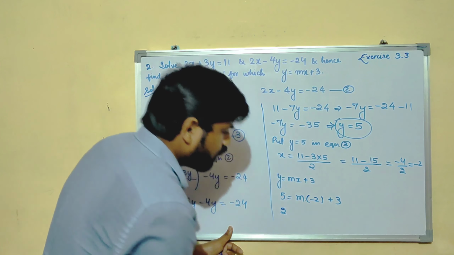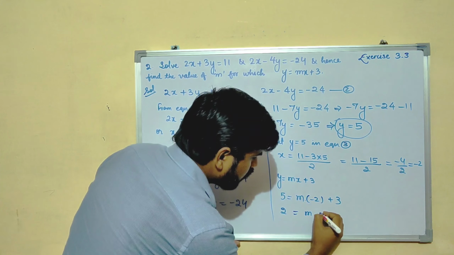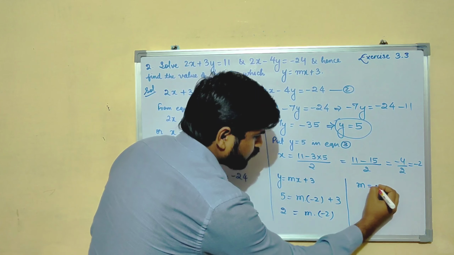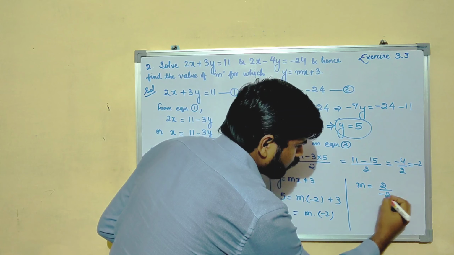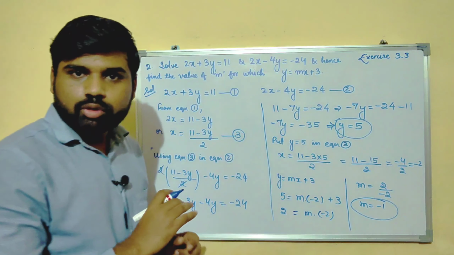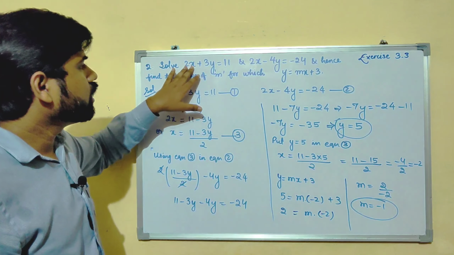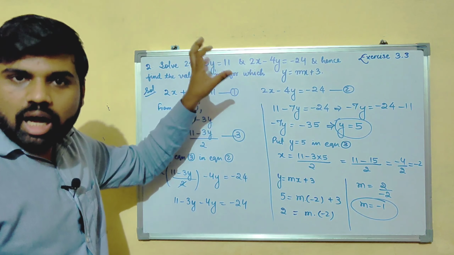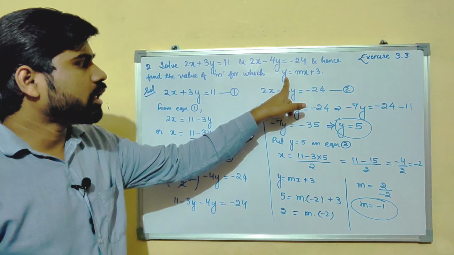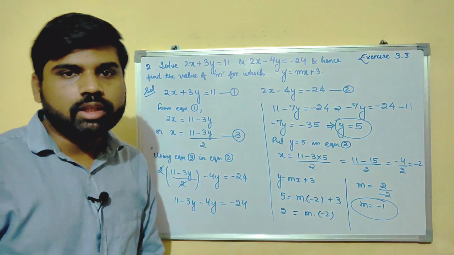So you will get 5 minus 3 as 2 equals to m times minus 2, or you can say that the value of m is equals to 2 upon minus 2, or m equals to minus 1. Okay, it was very simple question. All was given in the question that solve these two equations. After solving these two equations, you will get the value of x and y. Substitute those values in the y equal to mx plus 3 and then find the value of m.